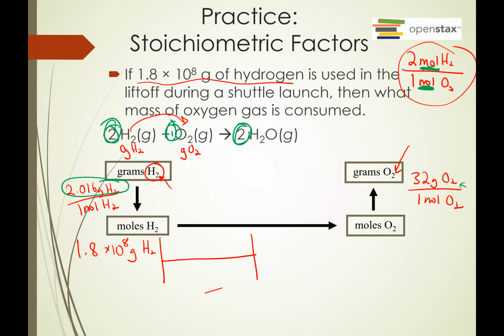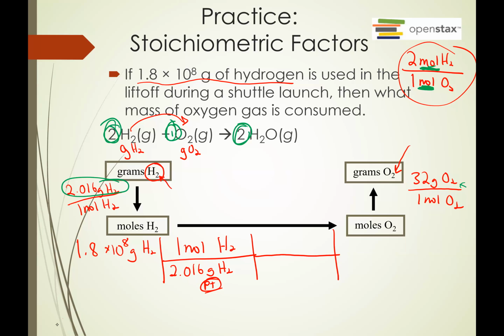Periodic table, right? There's 2.016 grams of hydrogen in 1 mole of hydrogen. This is the stuff that we've done before when we were going from grams to moles, moles to grams, moles to molecules.